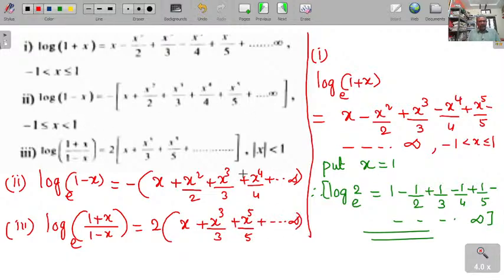Here the condition is minus 1 less than or equal to x, x less than 1, that is mod x must be less than 1. These conditions are very, very important. These series are valid only when they satisfy the appropriate conditions. So all of you note this down. Now let us move to the next concept.